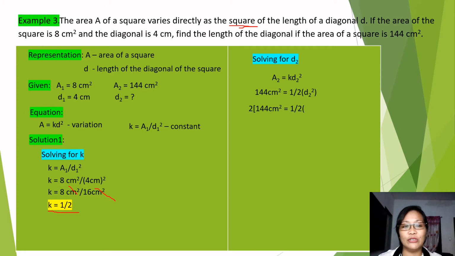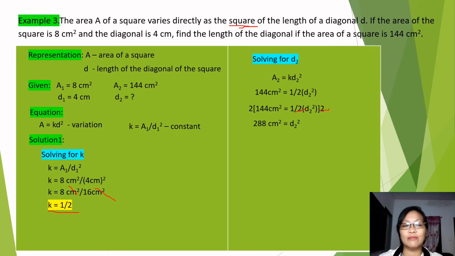So we have now 2 times 144 centimeters squared is equal to 1/2 D sub 2 squared times 2. Then cancel natin ang 2 and 2. Why? Kasi this 2 is a whole number and this is the denominator for fraction 1/2. Then next, 1 times D sub 2 squared is equal to D sub 2 squared. And then 2 times 144 centimeters squared is equal to 288 centimeters squared.